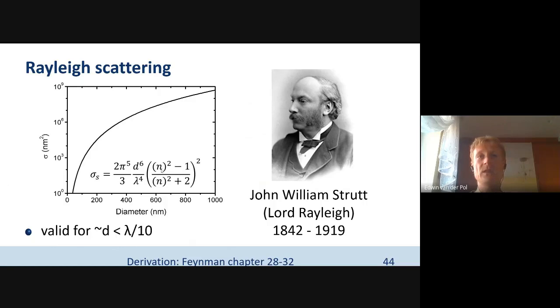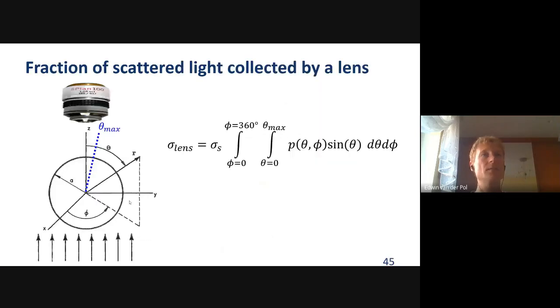And it depends on the refractive index contrast between the particle and the medium, N. Roughly, this approximation is valid for diameters up to lambda divided by 10, although lambda divided by 4 is still fine. It depends on how precise you want your theory to be. I have some examples of why this goes wrong later on in this lecture.